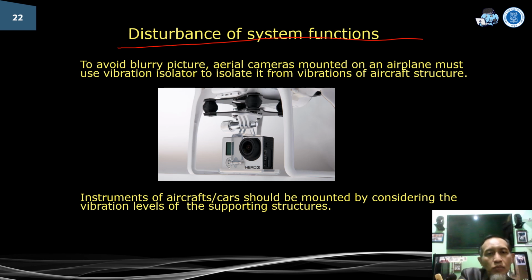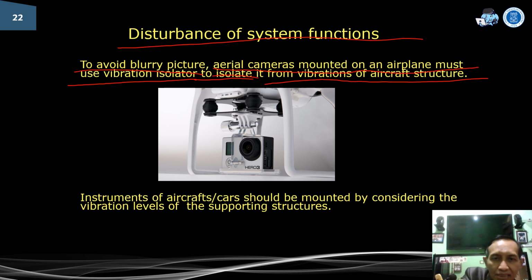To avoid blurry pictures, an aerial camera mounted on an airplane must use a vibration isolator to isolate it from vibration of the aircraft structure.